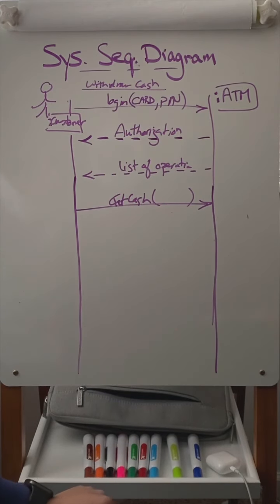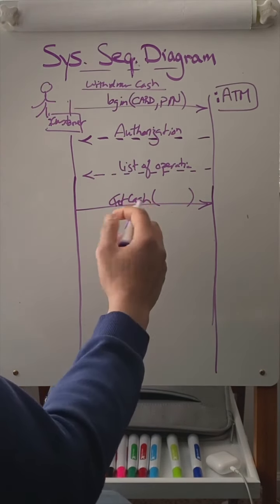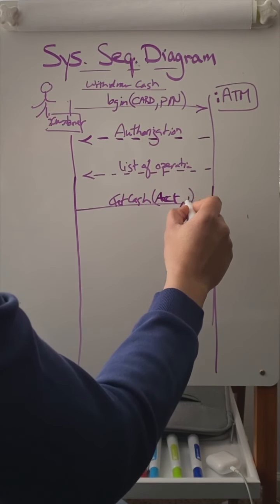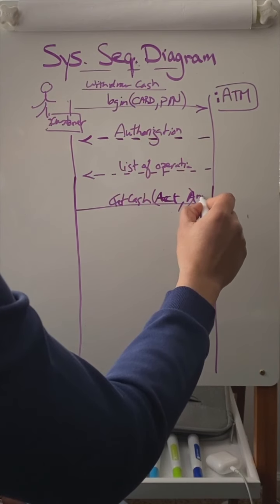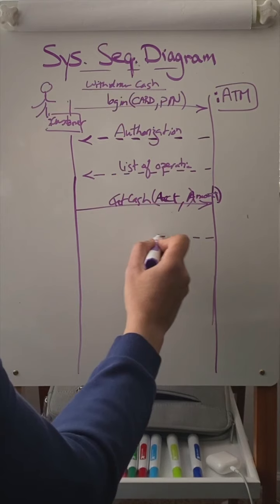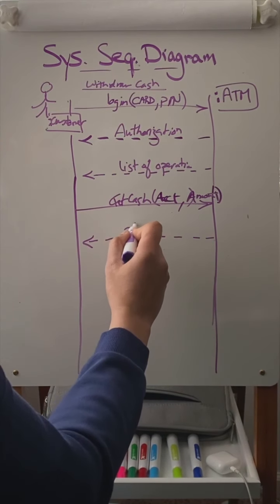It would be withdraw cash or get cash. Just a notation to keep that more into the action activities. So if you get cash, I want from this account and maybe amount. This will return maybe okay.